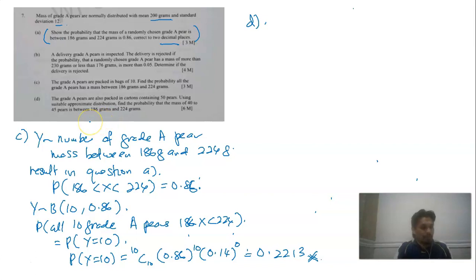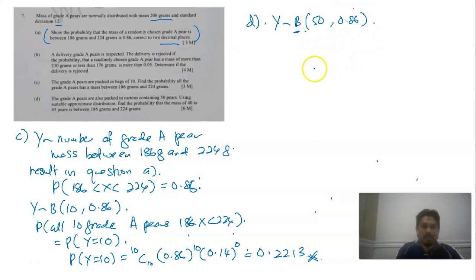Okay, so let's say Y is binomially distributed, with the number of trials 50 pears, and we are using the result of question A just now, which is also 0.86.